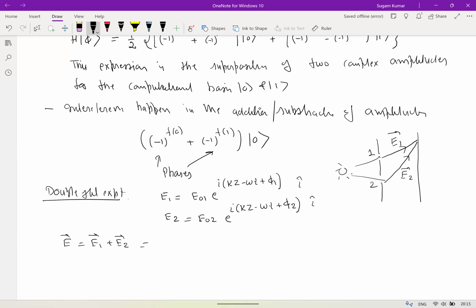Look, this part is common. You can take it out. So this is going to become (E01 e power iota phi 1 plus E02 e power iota phi 2) into e power iota (kz minus omega t).